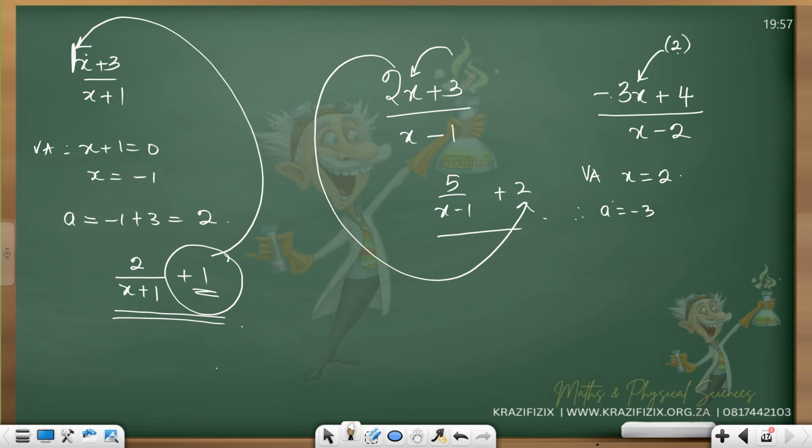Therefore A is negative 3 times 2 plus 4, which gives negative 2. So my answer is negative 2 over X minus 2. What is the coefficient? Minus 3. We are done, Papi. Lovely.